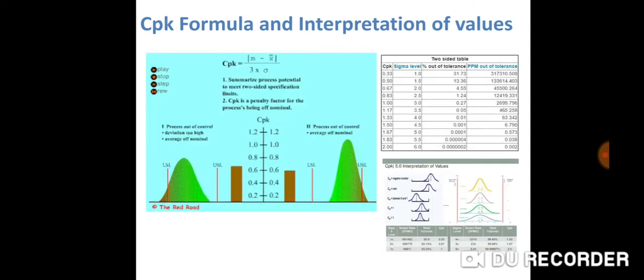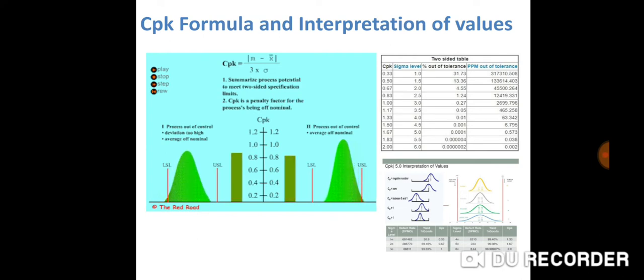The very important factor about Cpk is that it takes the process grand average into consideration. By grand average I mean X double bar, the process average, which goes into the equation. The formula of Cpk is the minimum of USL or LSL minus X double bar, that is the process average, by 3 sigma.